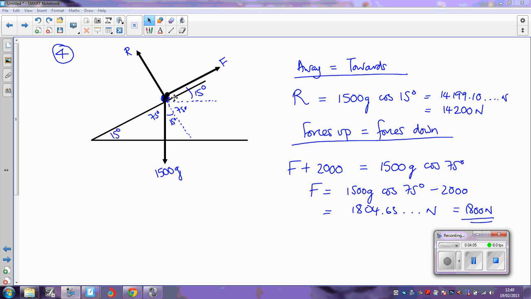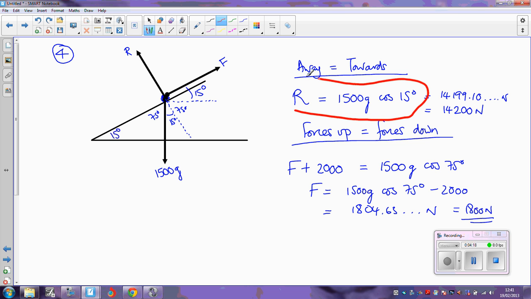I can see here that the normal reaction is actually going to be the same. We've got the R acting away from the slope, we've still got 1500 g cos 15 acting towards the slope. So actually, this doesn't change. Let's just use a different pen color. This is still true. So the normal reaction is 1500 g cos 15 degrees.